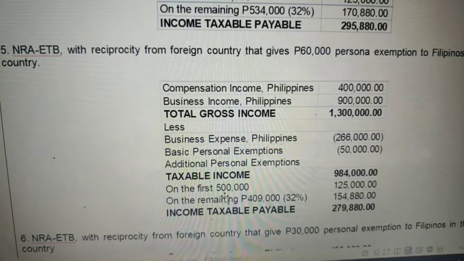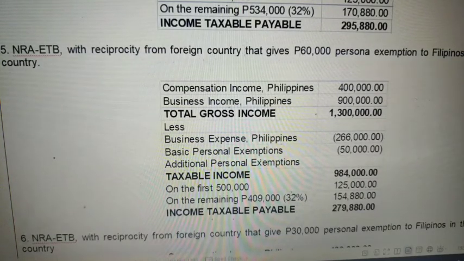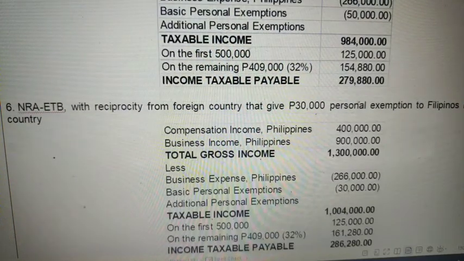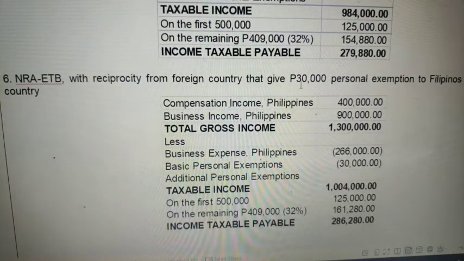So, the processes are all the same. Okay? As you can see. Now, let us proceed with the last example, which is the non-resident alien engaged in trade and business with reciprocity from a foreign country that gives 30,000 personal exemption to Filipinos from that foreign country.